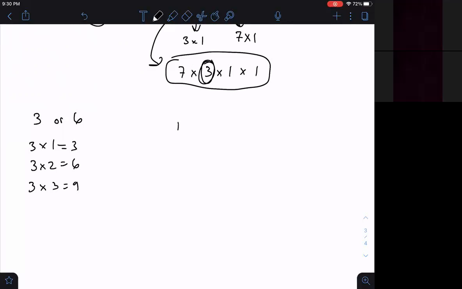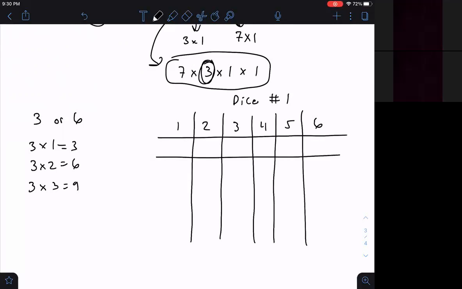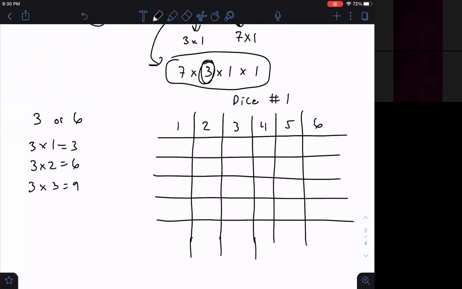So let's say we have 1, 2, 3, 4, 5, and 6. This is from dice number 1. And let's just draw some lines here to get ourselves nice and organized. That should be enough. So then we have 1, 2, 3, 4, 5, 6.